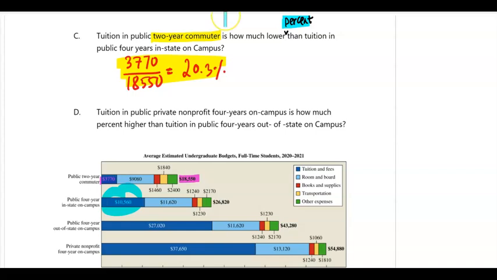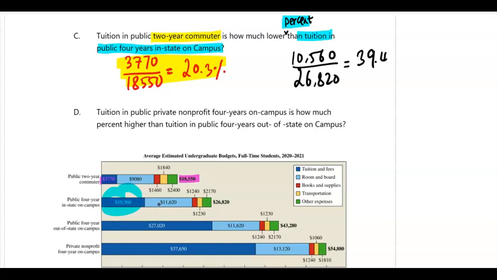Now for public 4-year in-state campus, what's the tuition percentage? 10,560 divided by the total cost for 4-year in-state on campus, 26,820. If you divide and change to a percentage, this is 39.4%, rounded to one decimal place. So this is for 4-year.